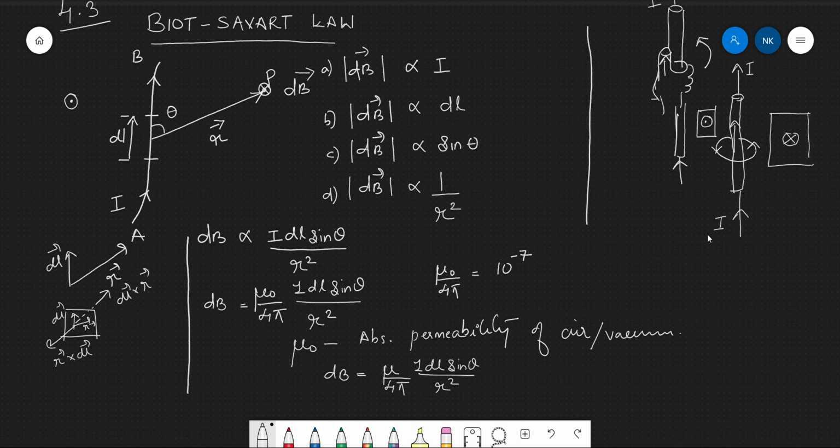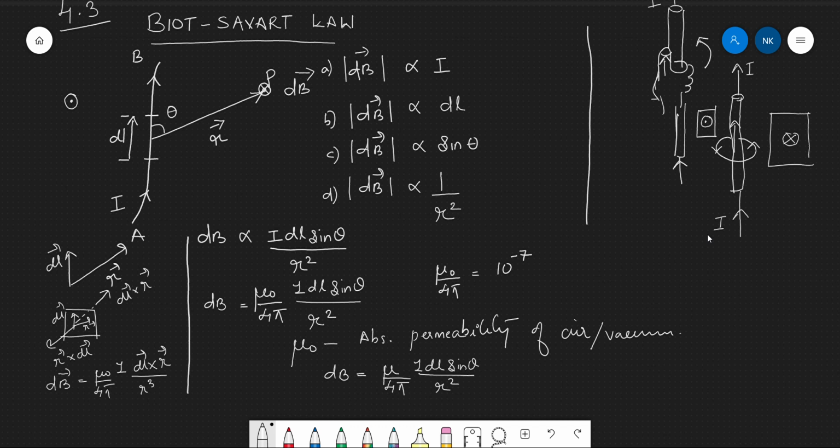So the vector form of dB vector is going to be mu naught by 4 pi times I times dl cross r upon r cube.